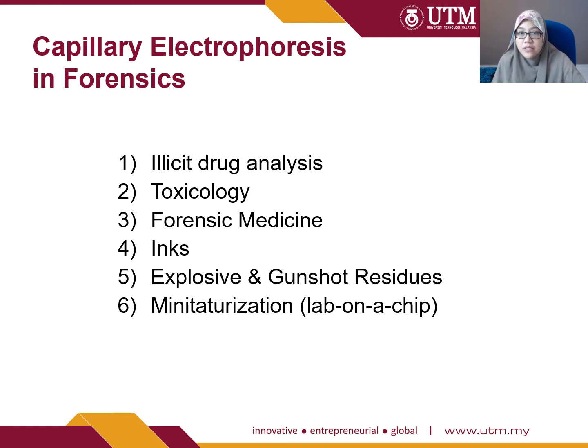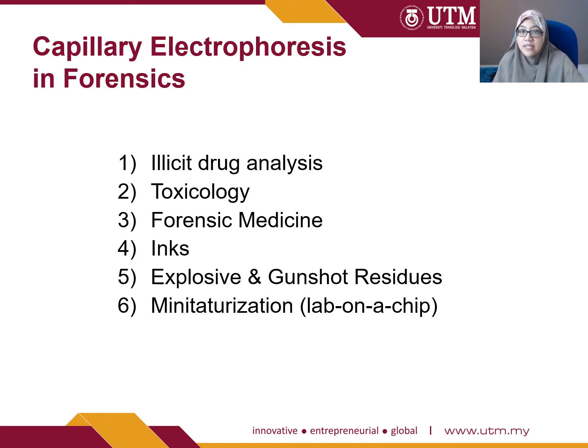It can break, and for HPLC sometimes it's tedious, or it needs a large amount of sample. So usually they use CE for toxins and venom. Another one is forensic medicine. In forensic medicine, they use CE for biological markers for alcohol in blood.